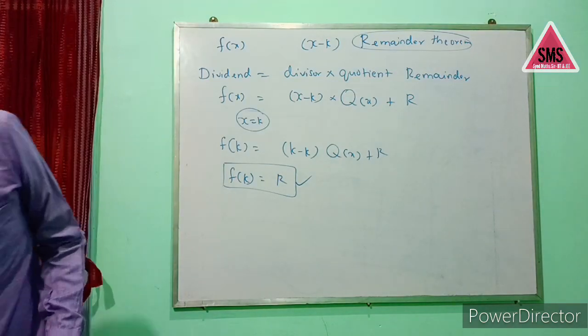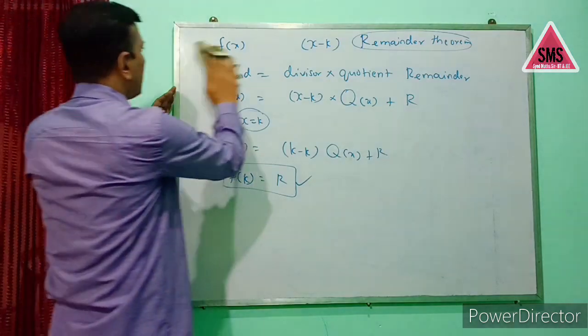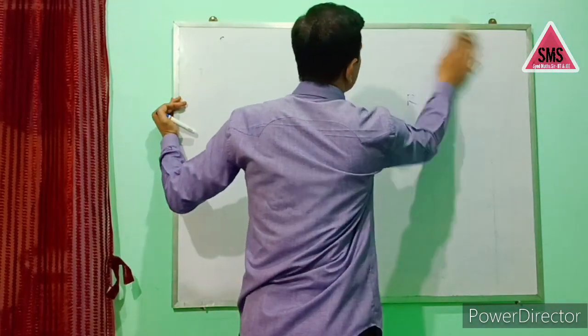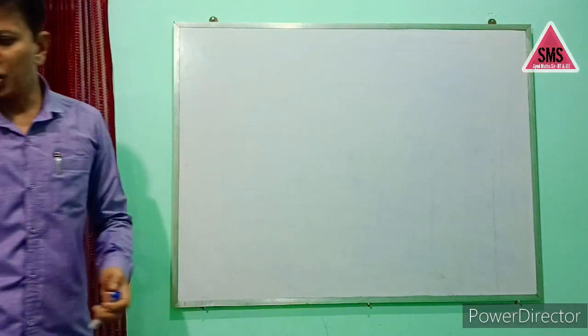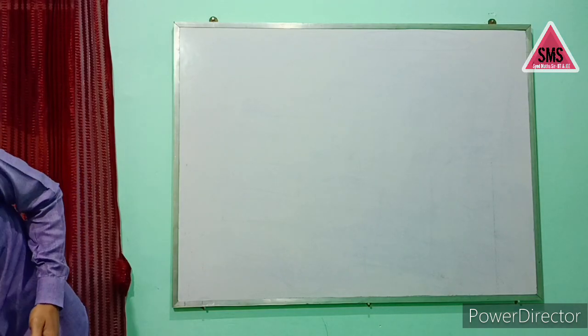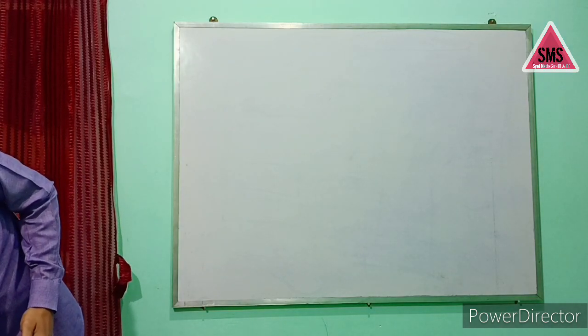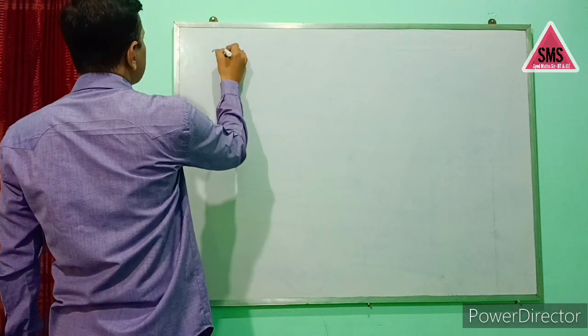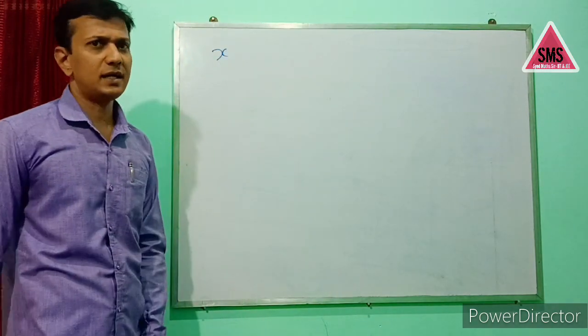Any polynomial you can take, any quadratic, cubic or biquadratic polynomial. So x cube plus 4x square minus 7x plus 6 is divided by x minus 1. Find the remainder. So it is a simple question. This kind of question we have solved in 9th and 10th standard.